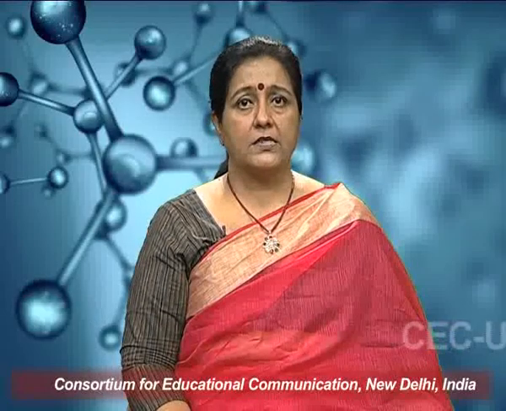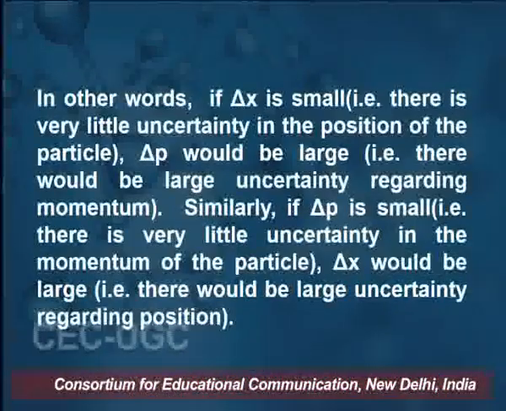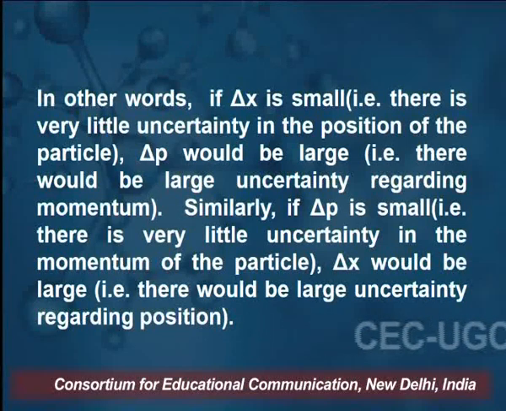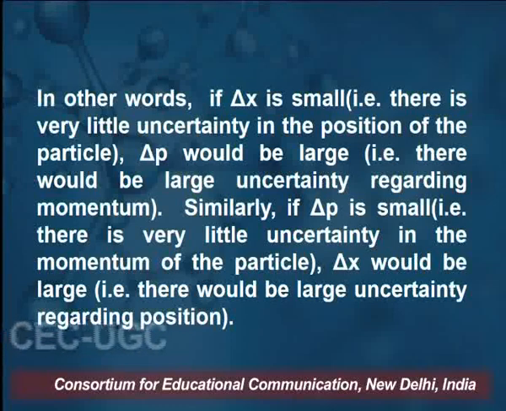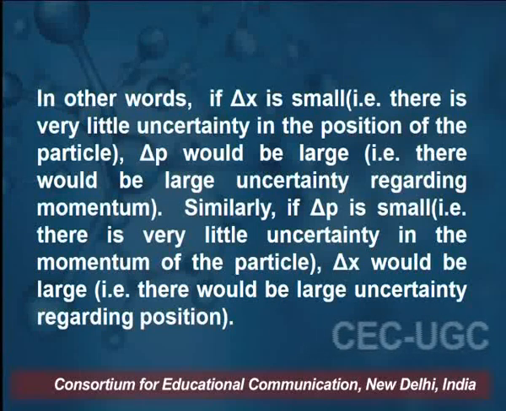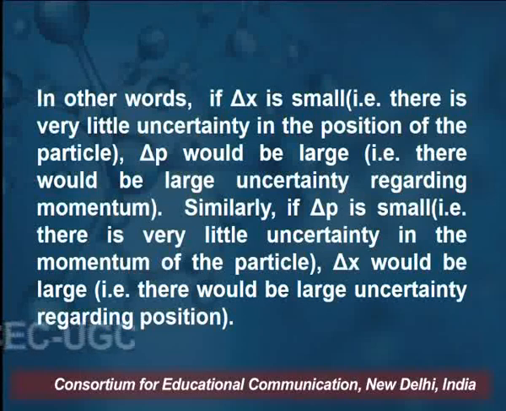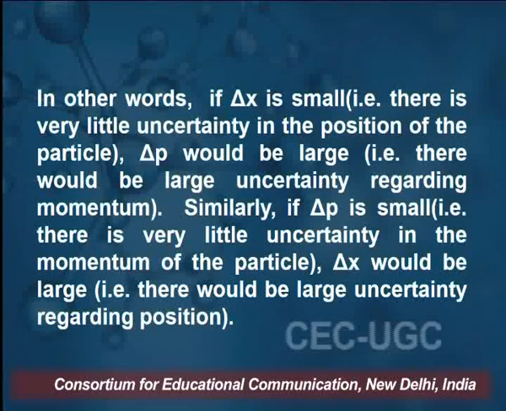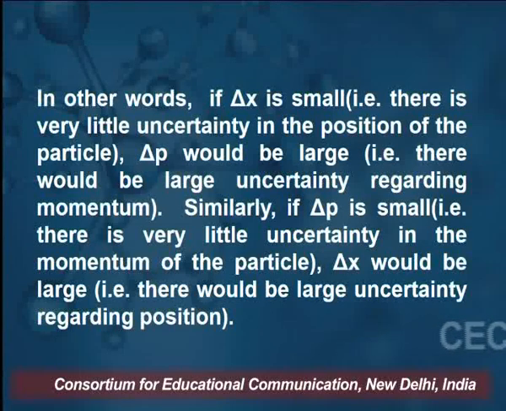In other words, if delta x is small, that is, there is very little uncertainty in the position of the particle, then delta p would be large, that is, there would be large uncertainty regarding momentum. Similarly, if delta p is small, that is, very little uncertainty in the momentum of the particle, then delta x would be large, that is, there would be large uncertainty regarding the position.